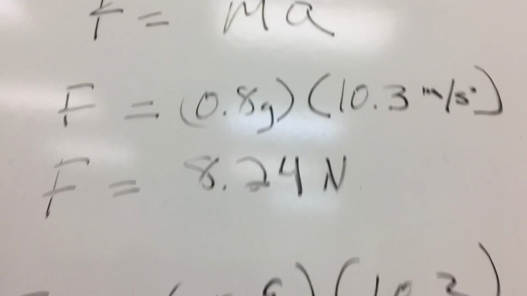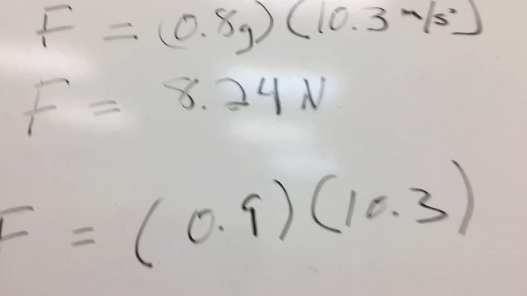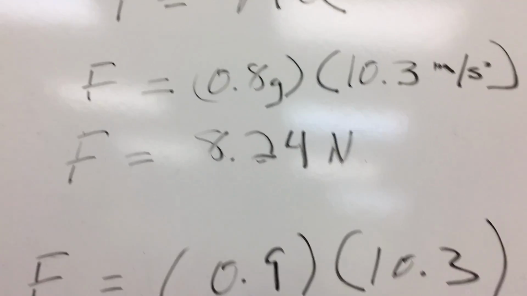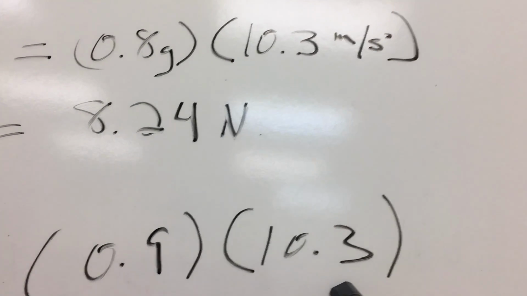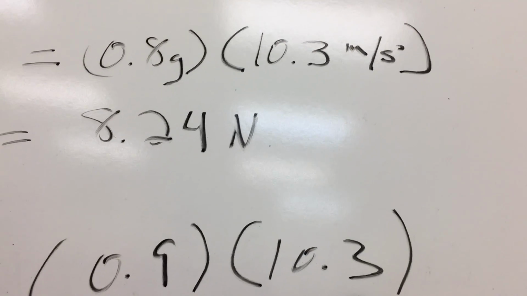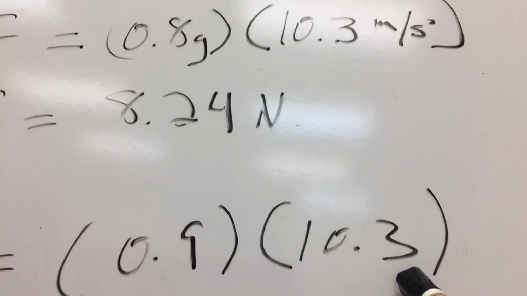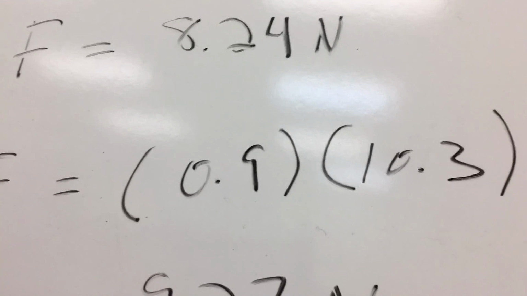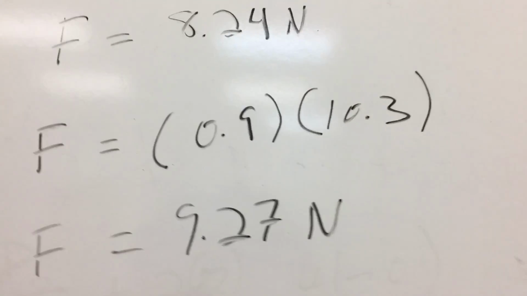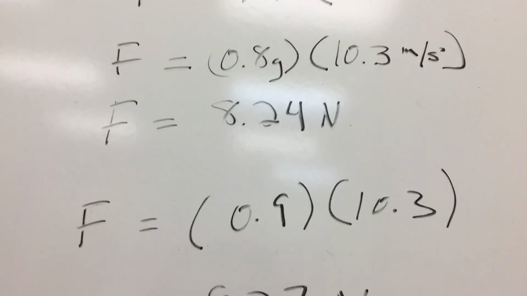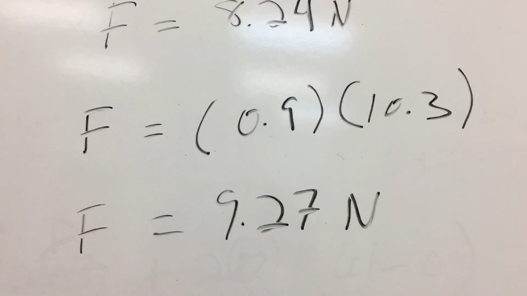All right, so for the next equation, we're going to increase the bat size to 0.9 kilograms, same acceleration, and that gives us 9.27 newtons. So there's more force behind the bat if you have a heavier bat.